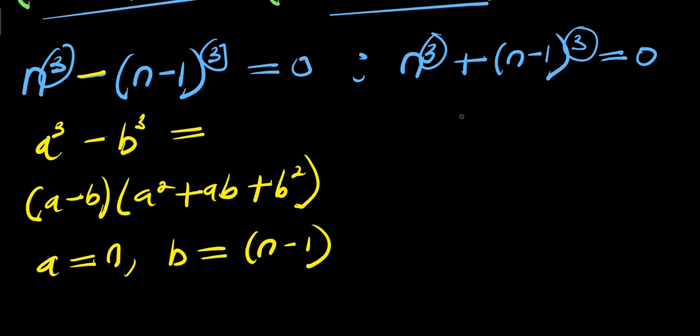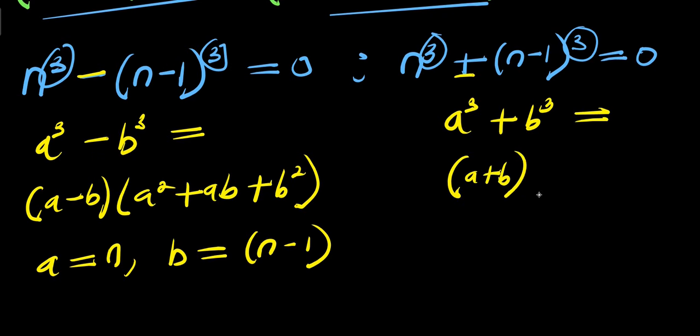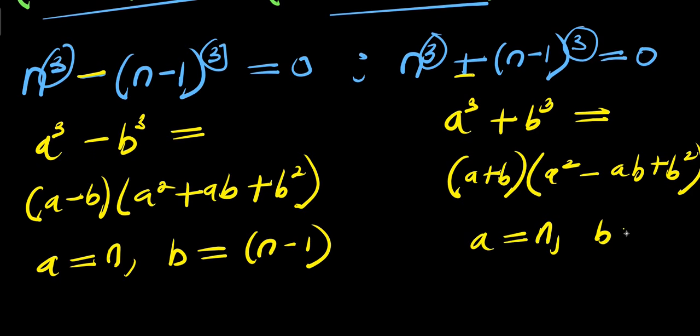Now, for the second one, we consider this identity: a^3 plus b^3, because this is plus, while this was minus. So this equals (a + b) times (a^2 − ab + b^2). In this case again, our a equals n and b equals n − 1.